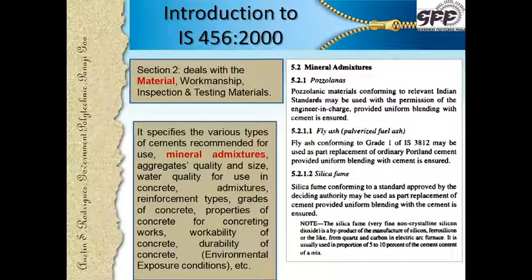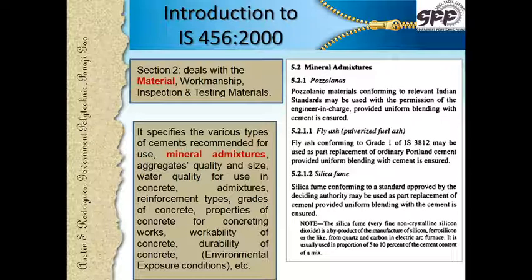Those also have been told over here, like in the clause 5.2.1.1, it talks about fly ash, which is in particular pulverized fuel ash. The IS 3812 deals with this, and that can be used as part replacement of OPC, giving us a blended cement. So that has been given over here in 5.2.1.2.